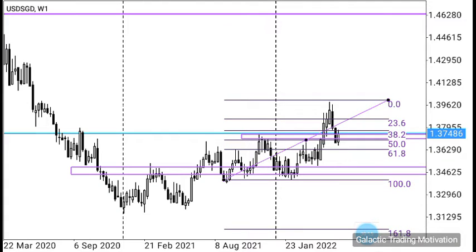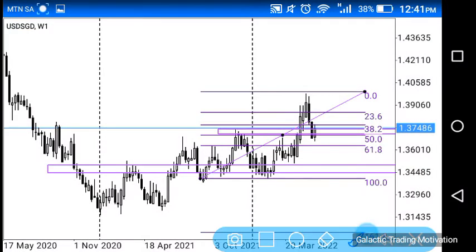Can you see that the neckline of this bigger W structure is in line with the 50.0% Fibonacci retracement? So in my humble opinion, this would be a good idea to look for buying opportunities.